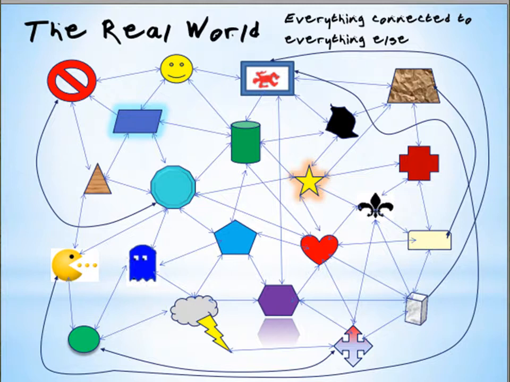This is the real world. In the real world, there are lots of things going on, lots of elements, lots of different kinds of connections among them, different kinds of relationships. It's this kind of blooming, buzzing confusion that we term the world and all of the elements in it.